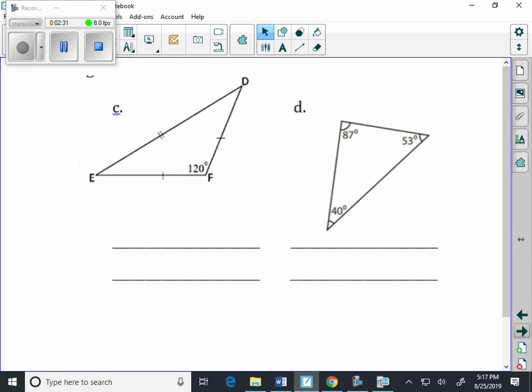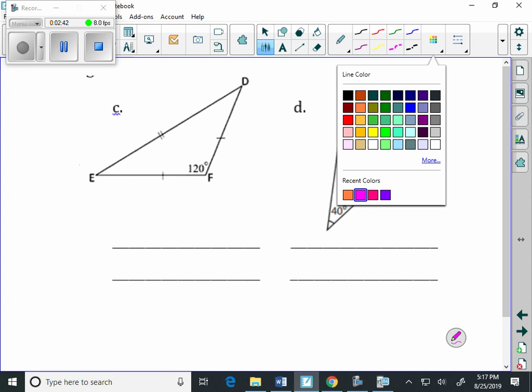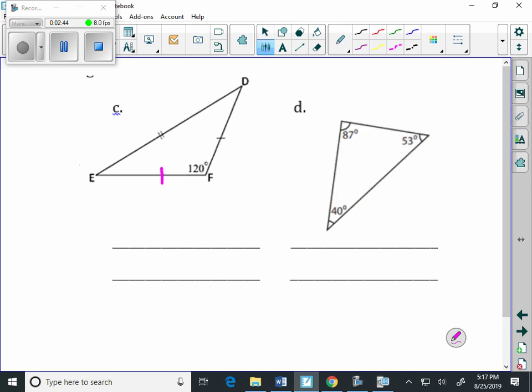Letter C, still identifying the triangles by their sides and their angles. In this particular triangle, again, looking at our tick marks here, we got 1 tick mark and 1 tick mark, and then we have 2. And we just talked about the definition of isosceles. We said at least 2 equal sides.